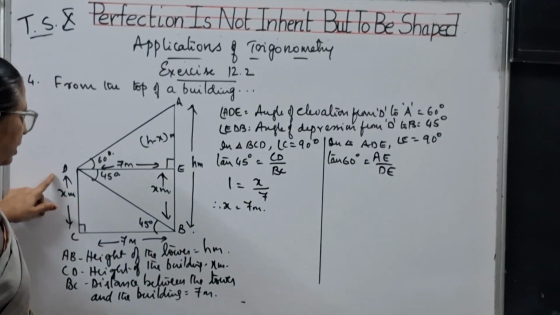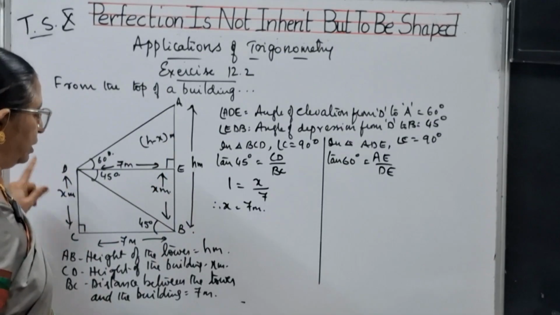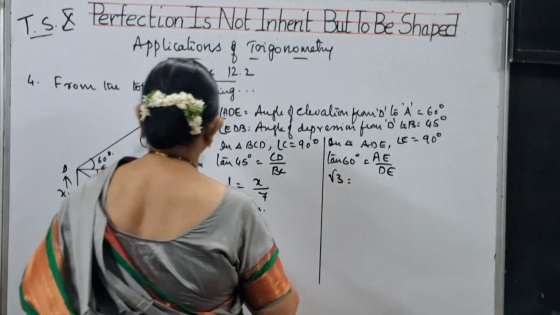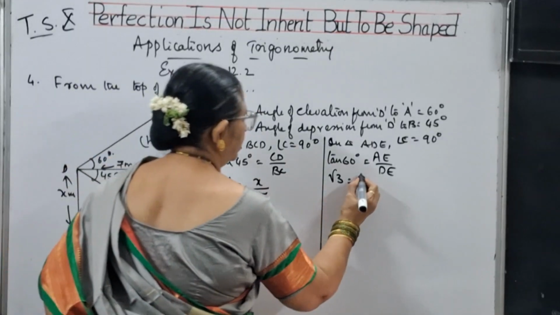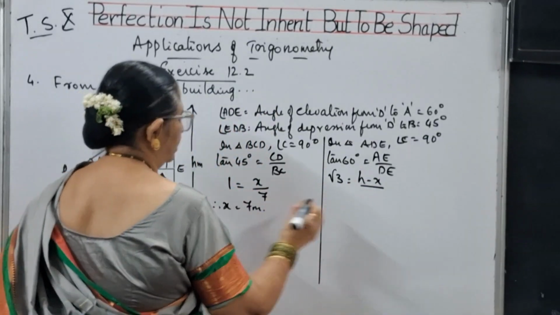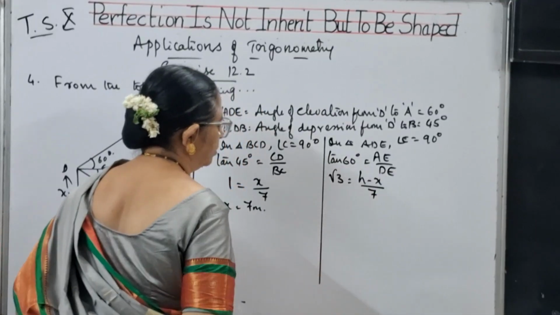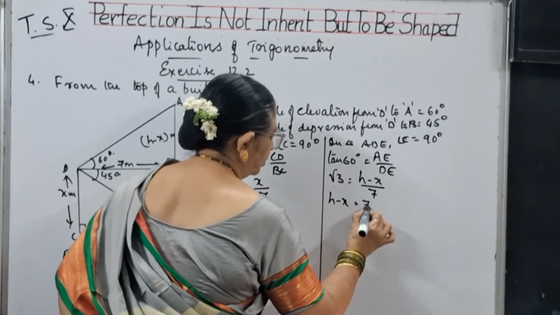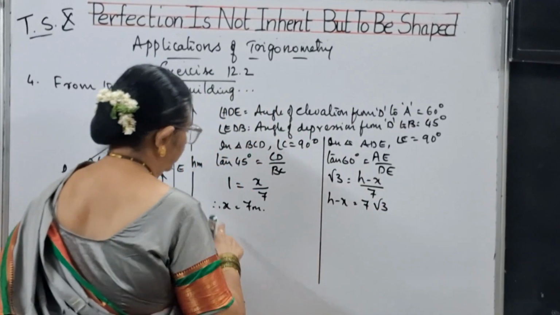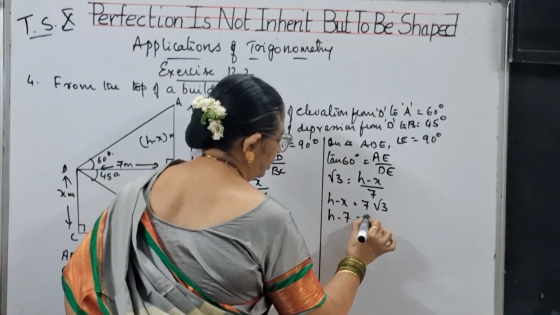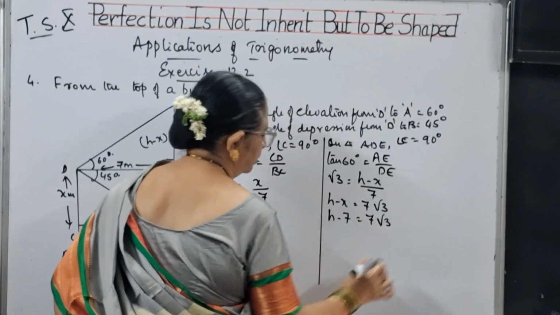So tan 60 is AE by DE. Tan 60 is root 3 is equal to AE, we have got AE as h minus x, by DE. DE is 7. That means h minus x is equal to 7 root 3. X is 7, no? That means h minus 7 is equal to 7 root 3.